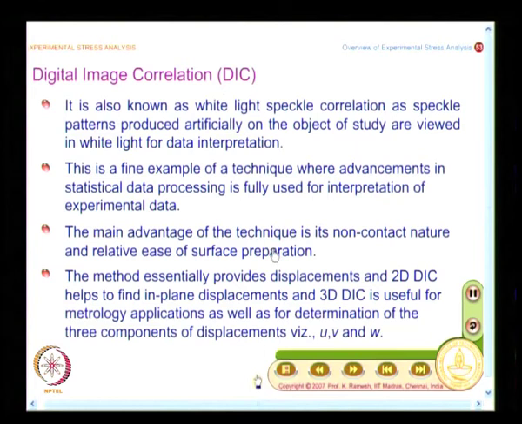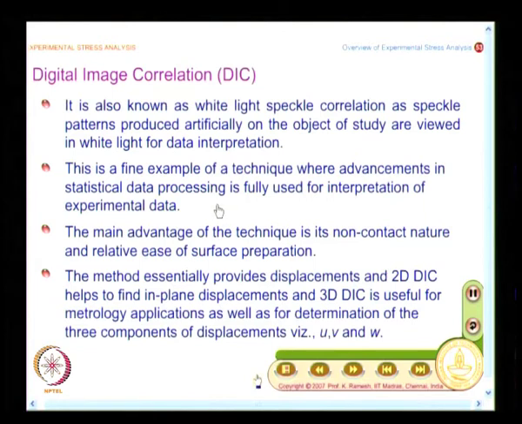And what is the information it gives? It provides displacement. You have 2D DIC, which helps to find in-plane displacements, and you also have 3-dimensional DIC, which is useful for metrology applications as well as for determination of the 3 components of displacements U, V and W. So, you are directly getting displacement information, and it uses quite a bit of data processing which is not seen in other experimental techniques.